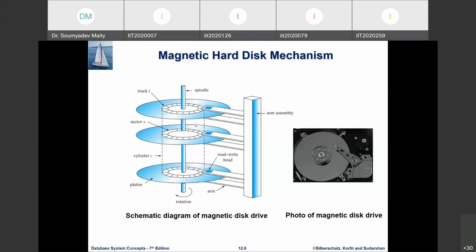Actually, the platters and the spindle rotate continuously. Only the arm is moved according to the request. That means according to which sector you want to read, the arm is moved. So in order to read a particular sector, you have to move the arm.